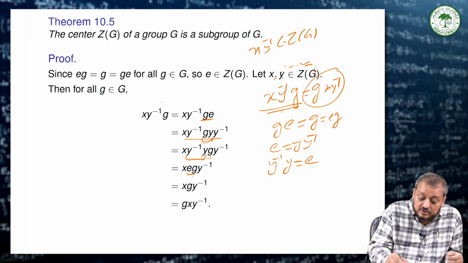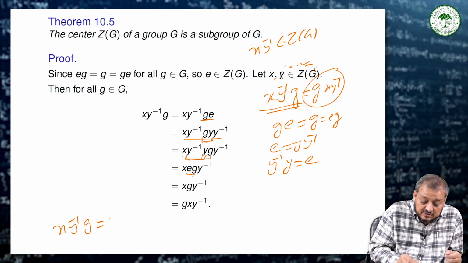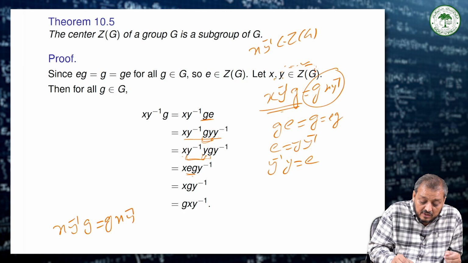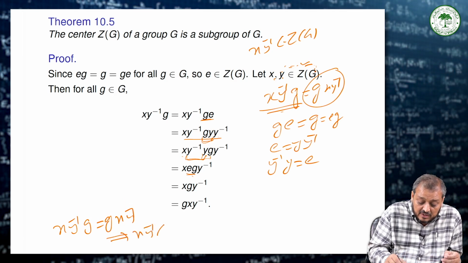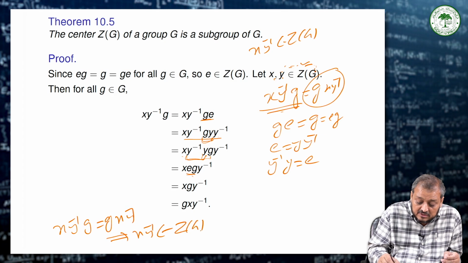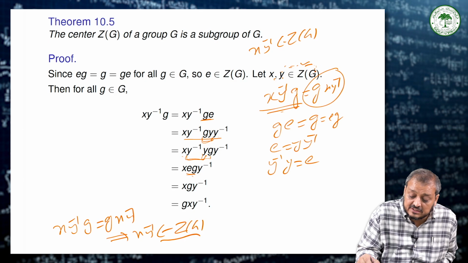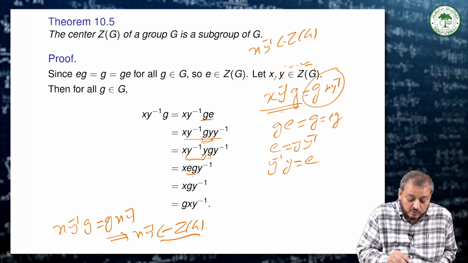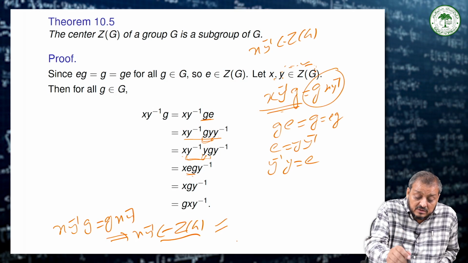So we have clearly shown that XY inverse G is the same as G times XY inverse. That implies XY inverse is an element of ZG. So we took two elements X and Y belonging to ZG and showed that XY inverse is also an element of ZG.